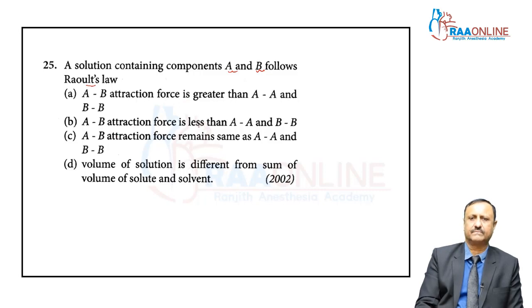When the attraction force is less, positive deviation occurs, it does not obey. And when the forces remain the same, my dear friends, you can go to question number 25, option C, because in option C the forces are the same, so it obeys Raoult's law, and these are ideal solutions. You can get this question in 2002.